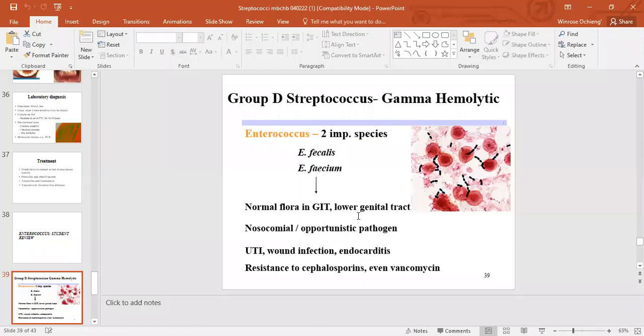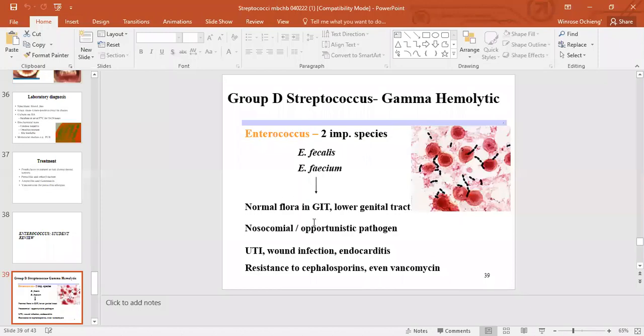Because as you go on, you will see some bacteria that are normal flora in our own body, and when they move from the site where they are normal flora, they cause infection. For example, this enterococcus: yes, they are normal flora in the GIT and in the lower genital tract.